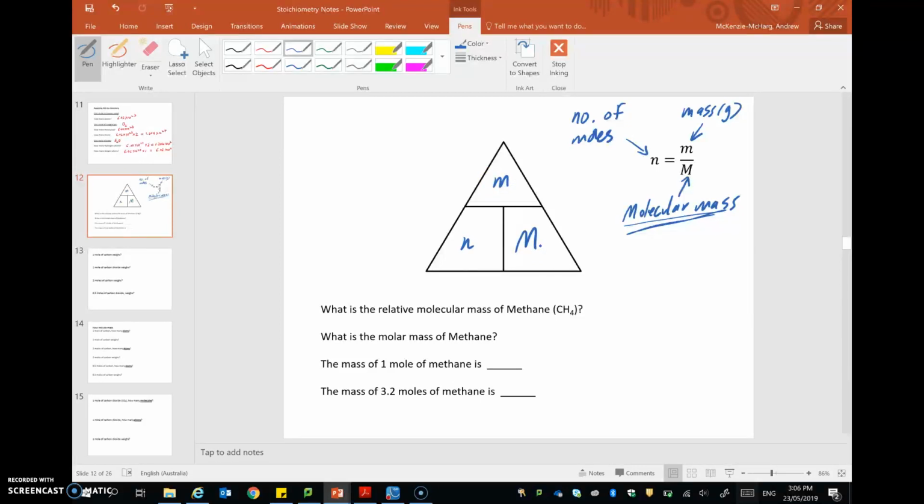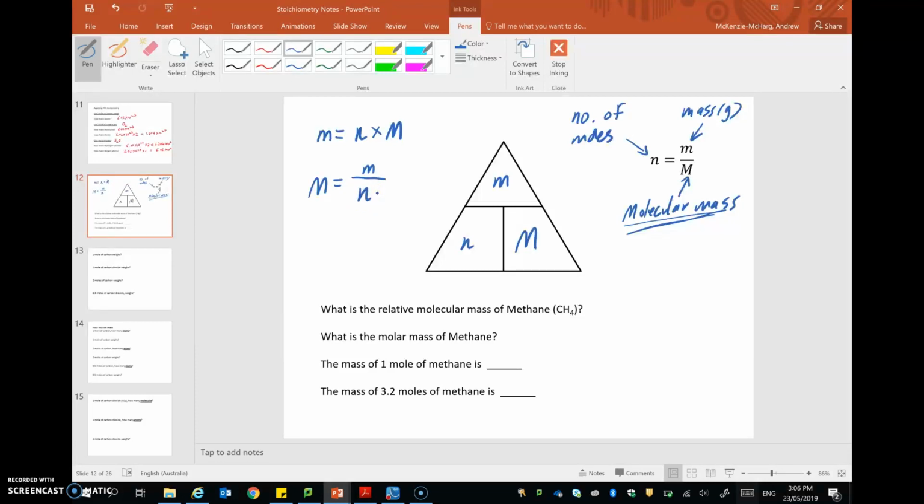Now, if we want to make little m the subject of the equation, that would mean that we take the number of moles and multiply it by the molecular mass, and that tells us the total mass of a substance. The molecular mass is equal to the mass of the substance that you have divided by the number of moles of that substance.